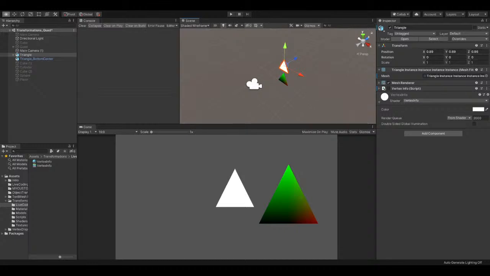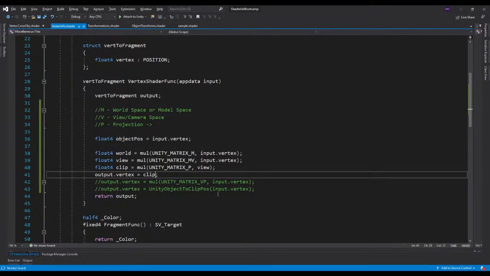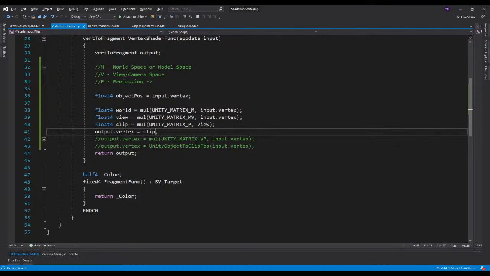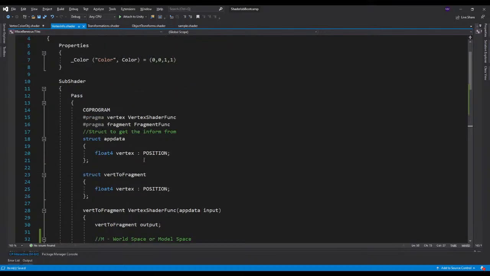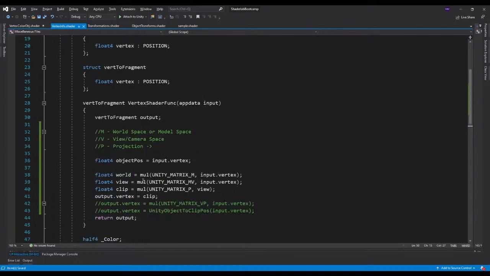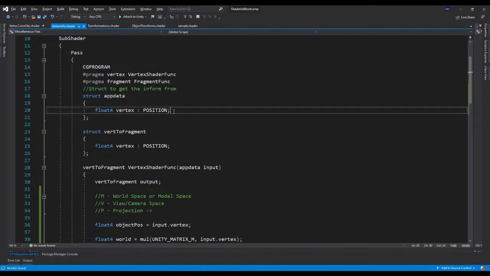Okay, now one thing that we have to do is, instead of returning some random color, let's enable coloring by the position of the vertices. I'm going to do a very simple thing here.